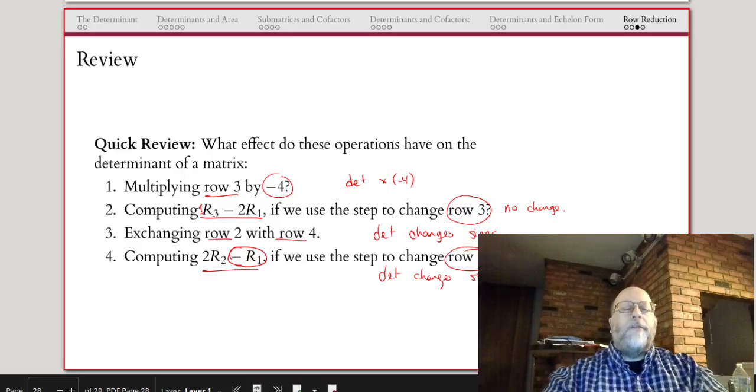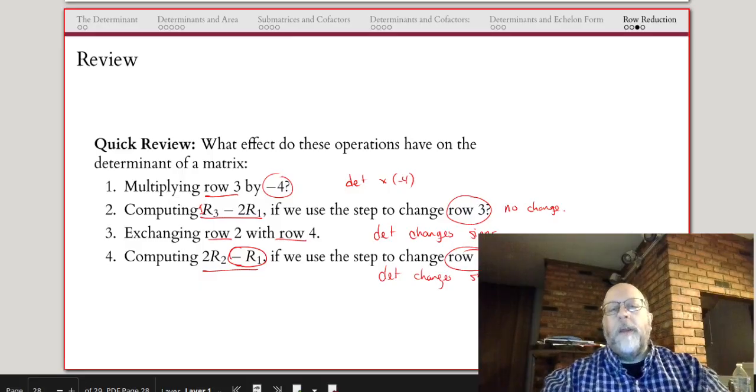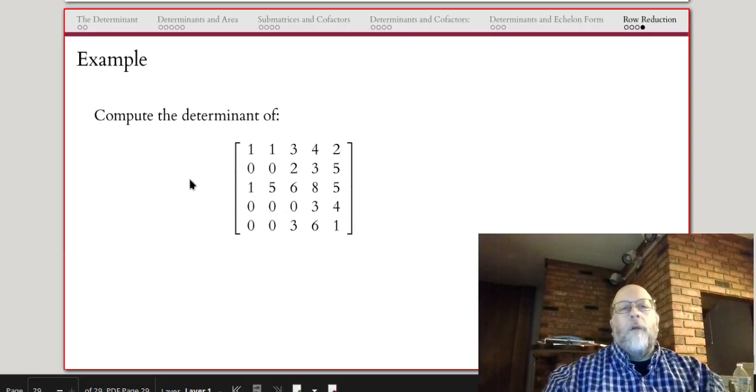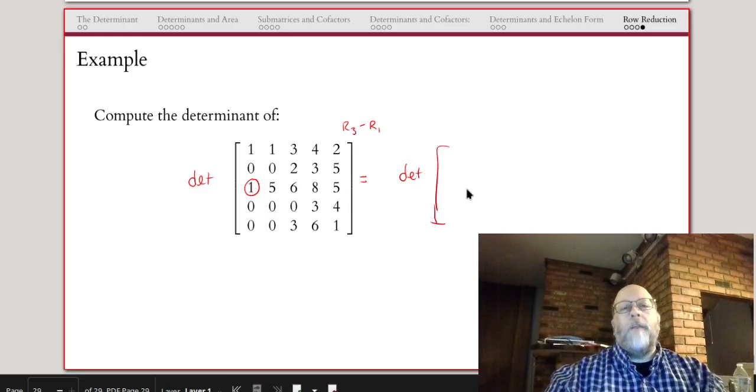The next example is somewhat long, but it's going to use all of this information here. We're going to try to compute the determinant of this matrix here. We're going to get rid of this 1 by taking row 3 minus row 1. When we do that, 1 minus 1 will be 0, 5 minus 1 will be 4, 6 minus 3 will be 3, 8 minus 4 will be 4, and 5 minus 2 will be 3.